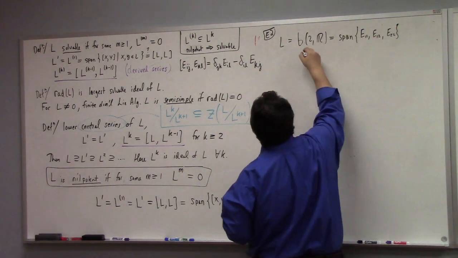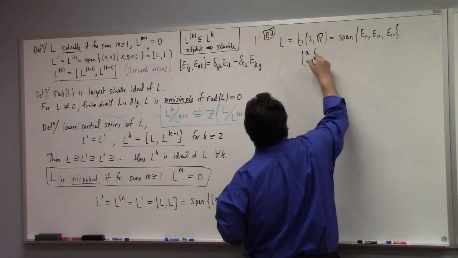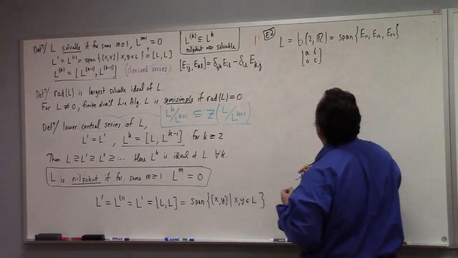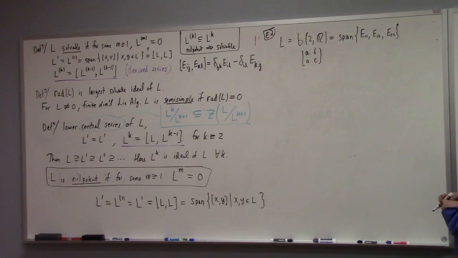So a typical thing in here looks like A, B, 0, C, right? That's a typical upper triangular matrix in the span of these three.